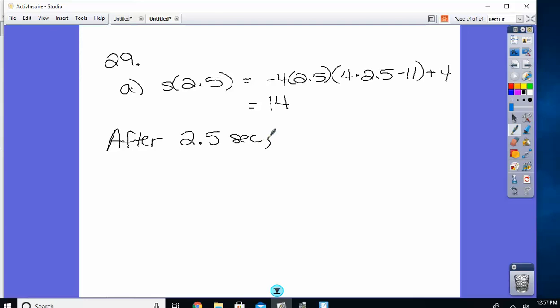This equation is for the height of a baseball. So after 2.5 seconds, the height is 14 feet. So if I ask you to interpret it, I'm expecting labels, seconds, feet. Write me a sentence and tell me what it means.